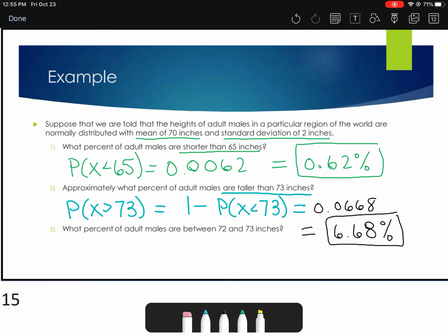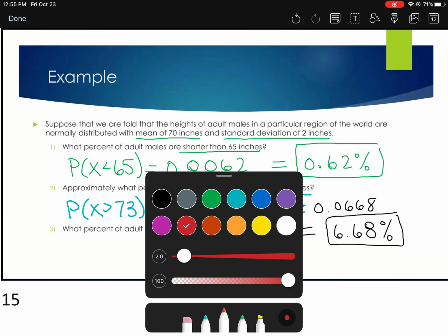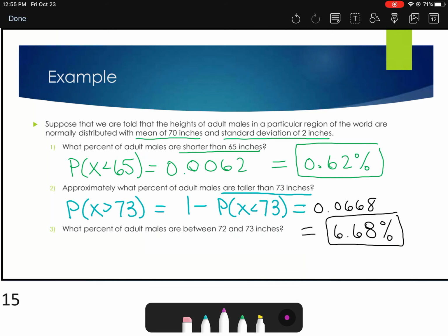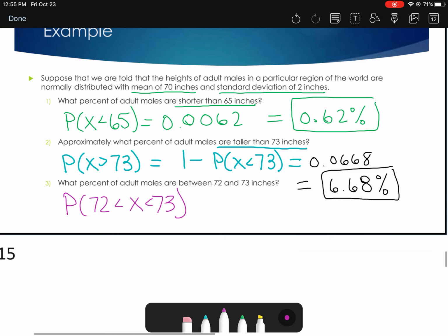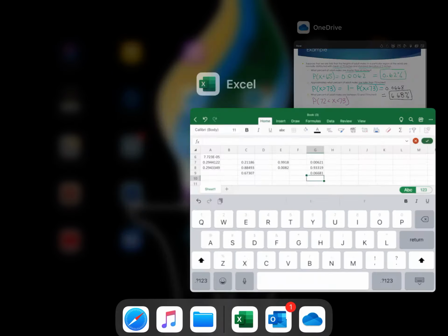Okay, hopefully you're doing well. So let's look at the last one. What is the percent that it is in between 72 and 73? So again, if I was writing that, that's going to look like this. Okay, so again, I have to find the probability of each, and then I subtract.